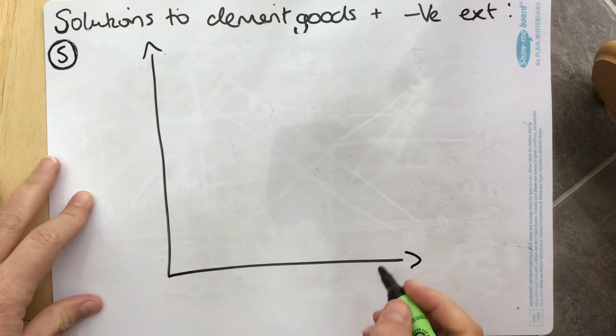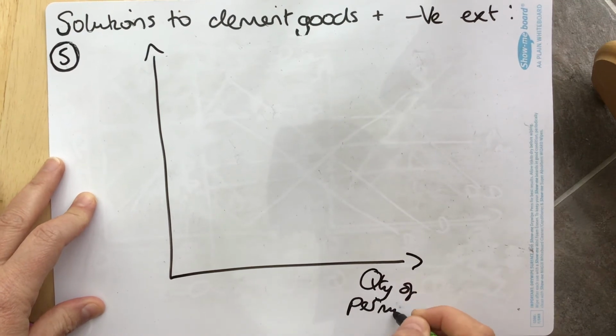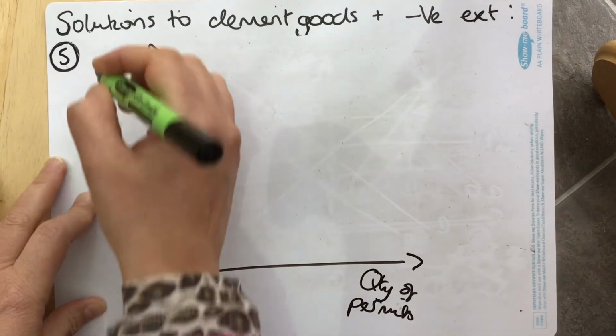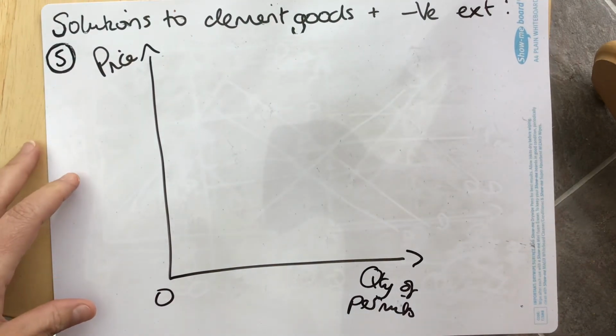Now, the difficulty comes in getting the amount of permits issued correct. And that's where the EU scheme has struggled somewhat.